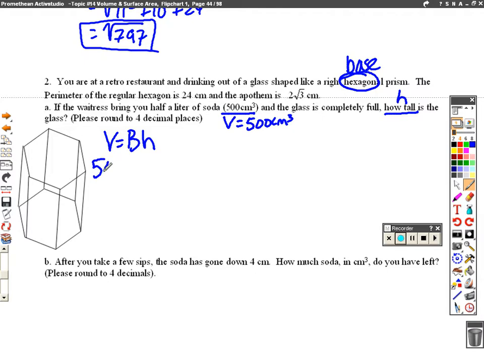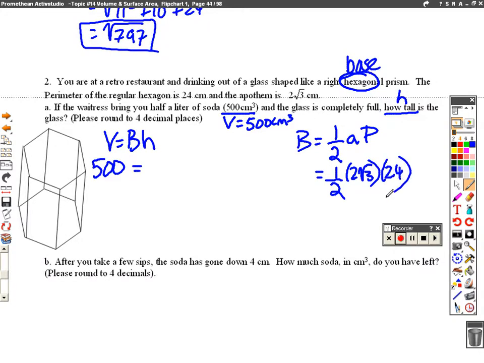Okay, so 500 cubic centimeters has to equal big B. Well, big B is the area of the base, and since it's a shape that has more than 4 sides, we need to use that special formula, 1/2 apothem times perimeter, which is 1/2 times 2 root 3, times perimeter, which is 24. All right, half of 2 times 24 is 24 root 3. That's big B. Let's go back and use it in our equation.